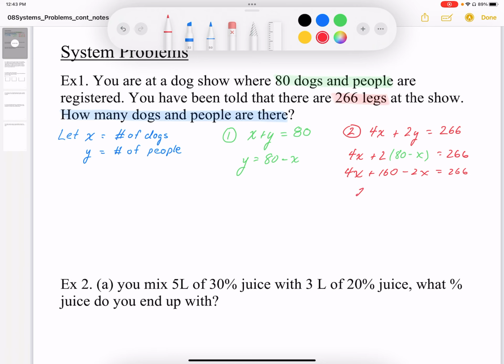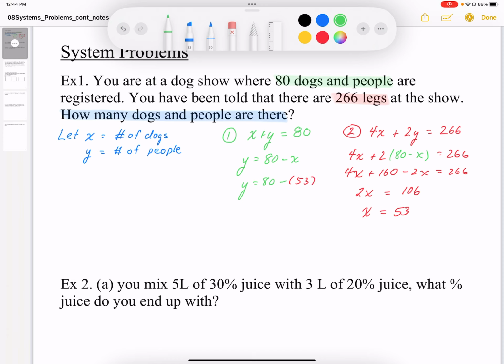So we end up with 2x, or 2 times the number of dogs, is going to be equal to, we're going to subtract 160 from both sides, so we end up with 106. So the number of dogs is going to be 53. If we have 53 dogs, then y, the number of people, we can solve by plugging back into equation 1. So x is 53.